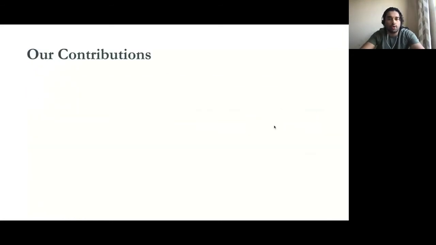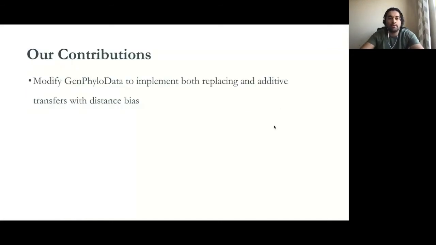So our contribution in that regard is that we build up from Gen Phylodata, which is essentially a more basic, simple model that we can implement additional features on top of. So we implement both replacing and additive transfers, and also with distance bias when selecting transfer recipients.